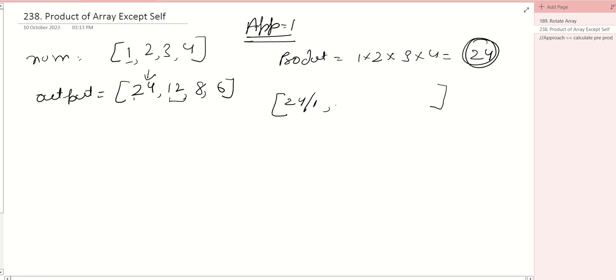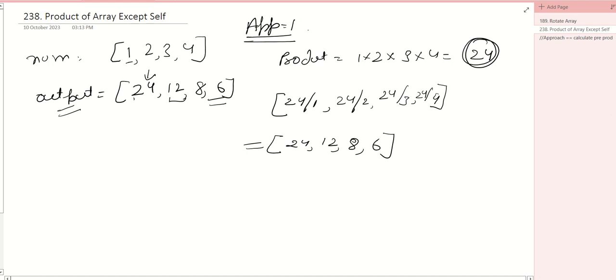So 24 divided by 1, 24 divided by 2, 24 divided by 3, 24 divided by 4. What you will get from this will be 24, 12, 8 and 6. So if you notice, this is the same thing that we need. So that will be approach one.